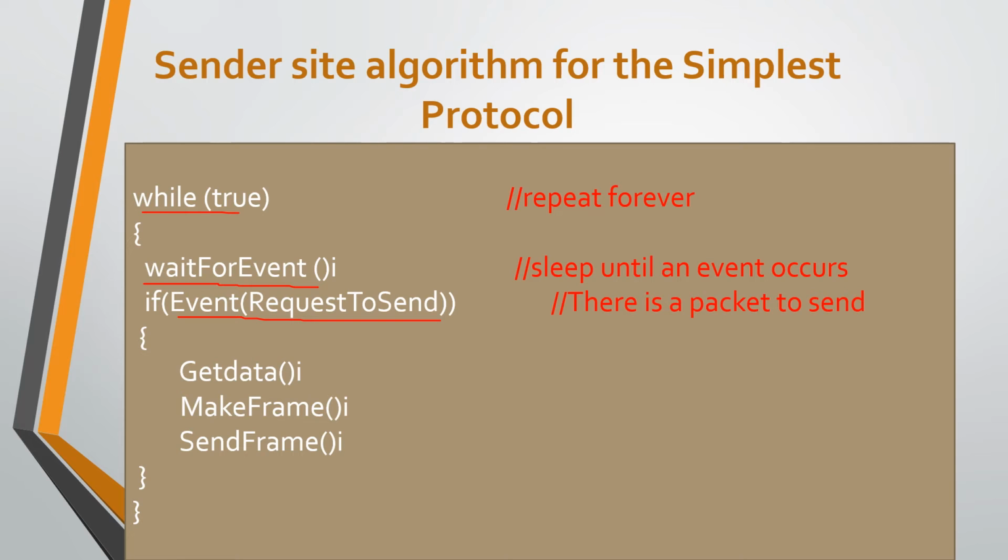If that event occurs, this process will be followed by the data link layer. Here the data link layer gets the data from the network layer, makes a frame of that data by adding some control information, and then sends it to the physical layer of the sender. This process will continue whenever there is data to send.